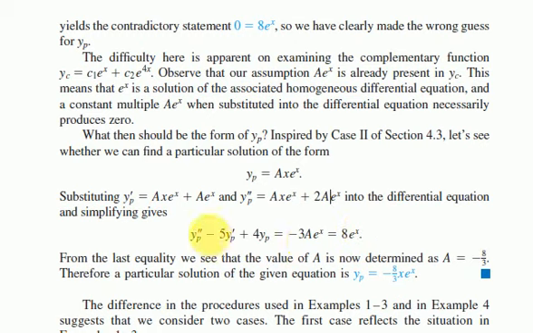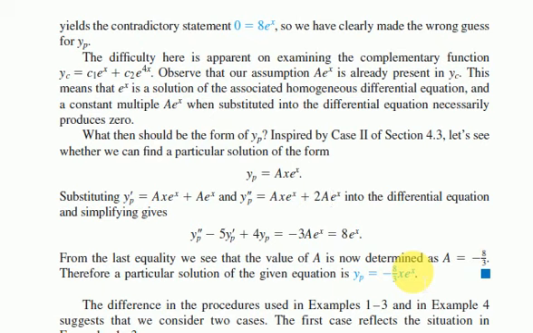After solving, it gives minus 3a e raised to power x is equal to 8 e raised to power x, which implies a is equal to minus 8 by 3. So put this value in the particular solution, and we will have yp is equal to minus 8 by 3 into x e raised to power x. So this is the particular solution.